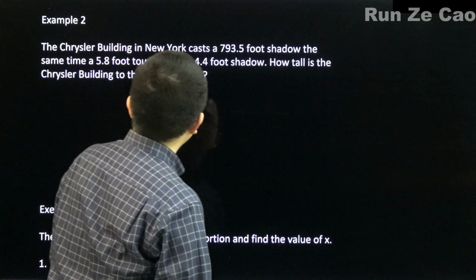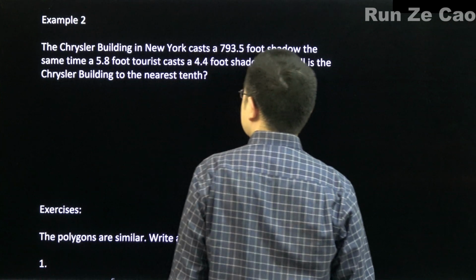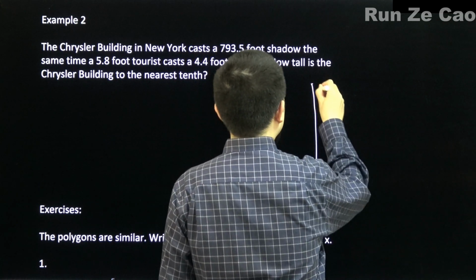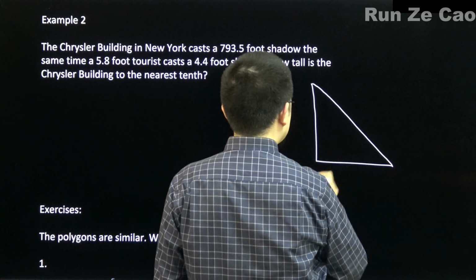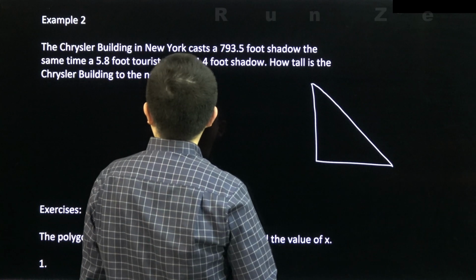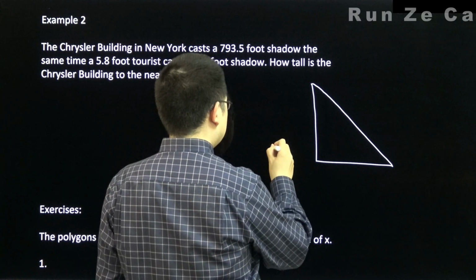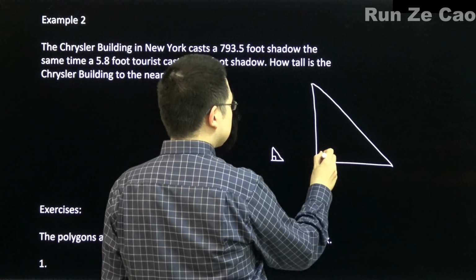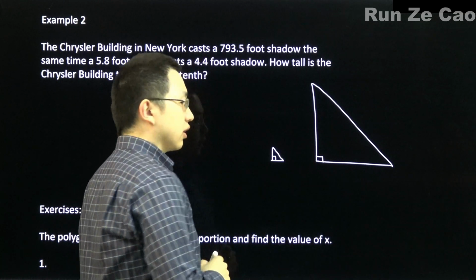So, let's draw ourselves a diagram, shall we? So the building casts a shadow that's a certain length. Now, a tourist casts a shadow of a certain length as well. We assume that both of these are perpendicular to the ground.